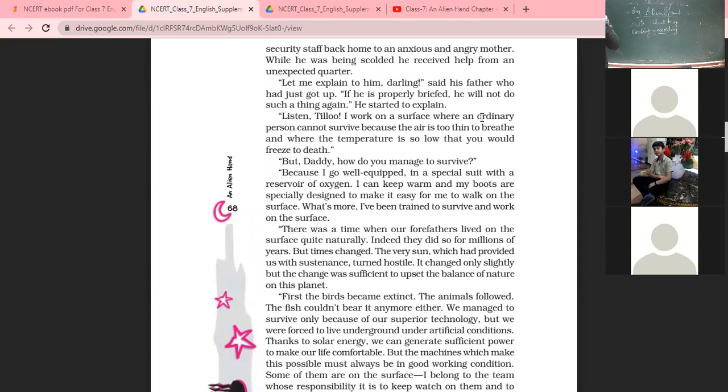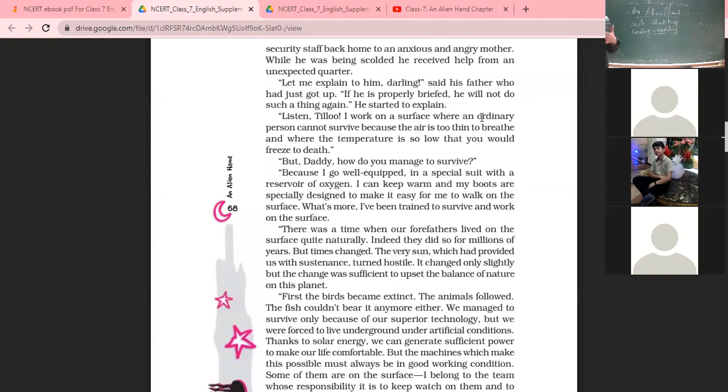Now his father said, Tilu, yes, I'm going there. How I'm going there is that I wear a special type of suit. What he is wearing? A special type of suit, and I also have an extra cylinder of oxygen. He is also carrying an extra cylinder of oxygen with him. I can keep warm, and my boots are specially designed to make it easy for me to walk on the surface.